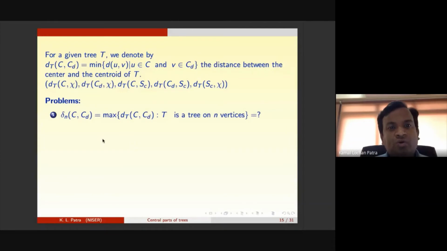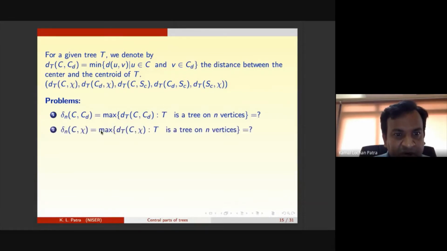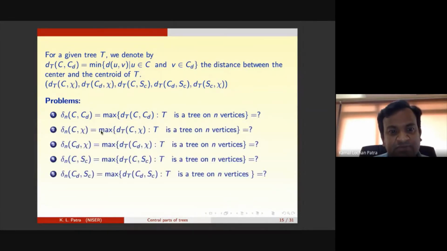We consider the following problem: what is the maximum distance between center and centroid over all trees on n vertices, which we denote as delta_n(C, CD)? Every tree has a center and centroid. What is the maximum distance between center and centroid if you vary the trees?